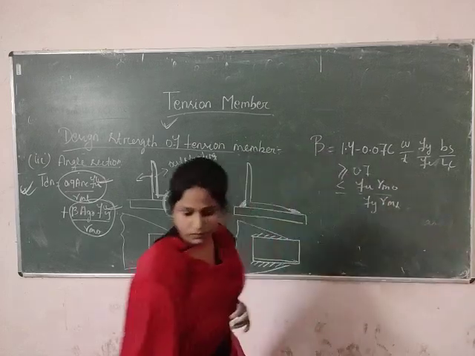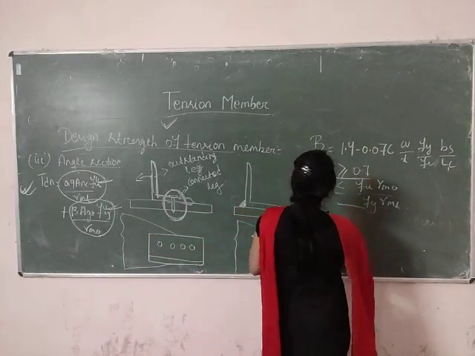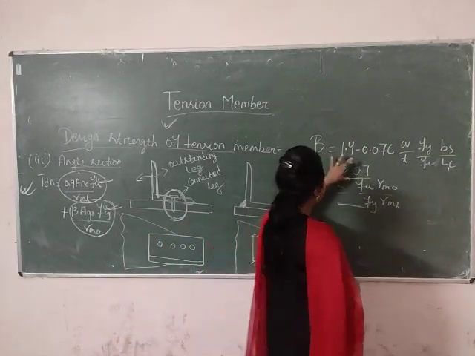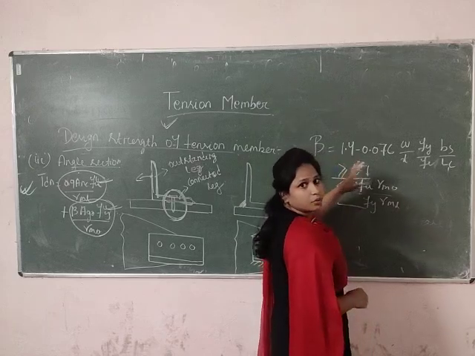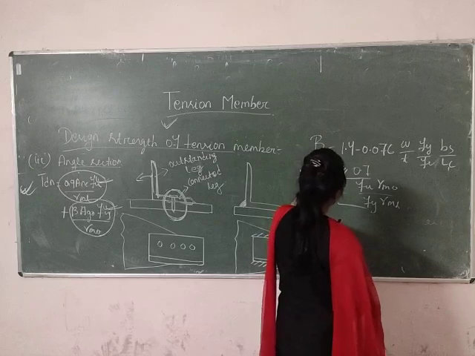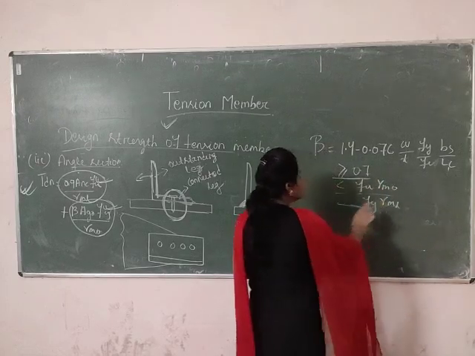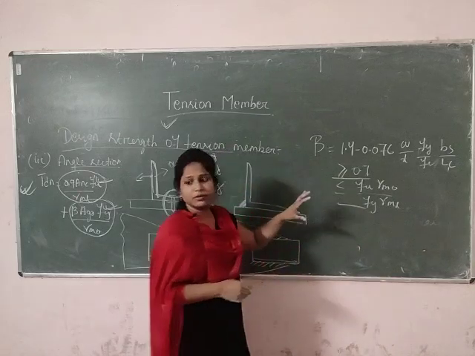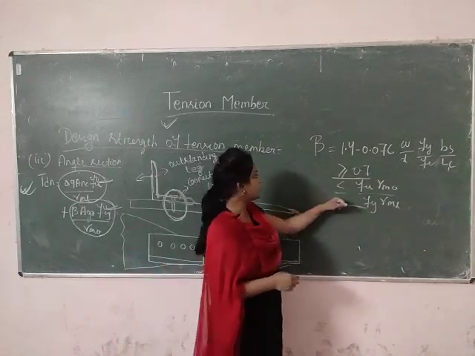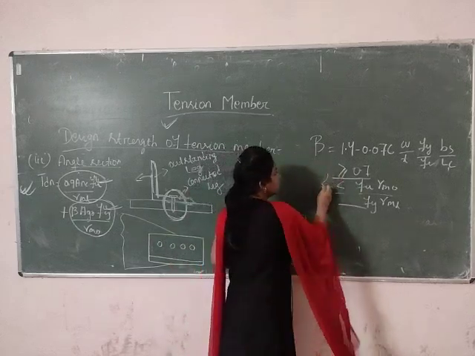Okay. So these are the limiting values for beta. Okay. So 0.7 is the minimum value of beta, and Fu into gamma m0 divided by Fy into gamma m1 is the maximum value of beta. So beta should lie between these two values.